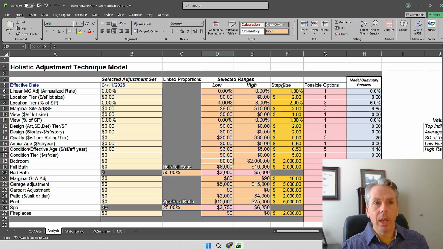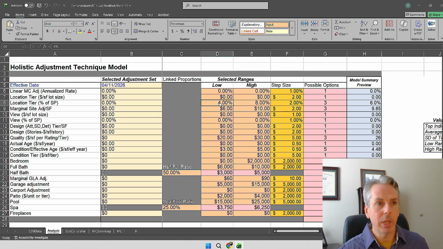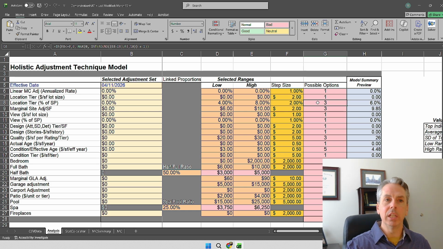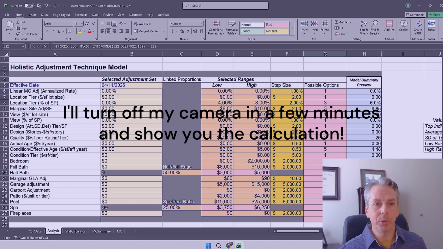So now I come to step size. For each one of those, I'm segmenting that solution space for each variable. So here, if I've got a location difference from 4% to 8%, I have a 3 possible option solution space for that individual variable. I'm doing that all the way down. Well, I've got quite a few differences here that have to be modeled.